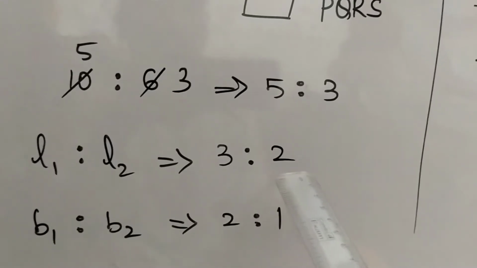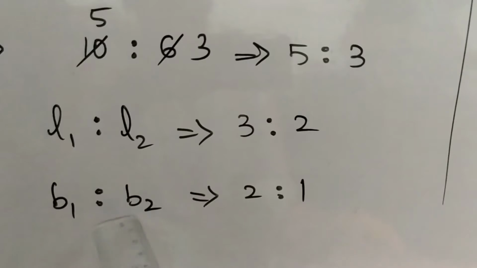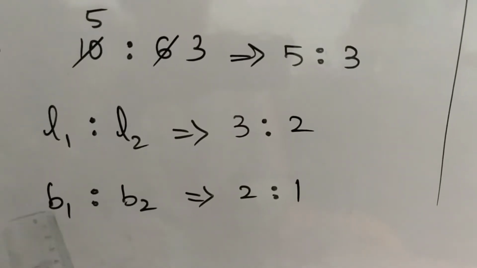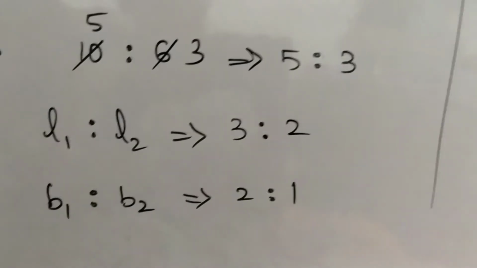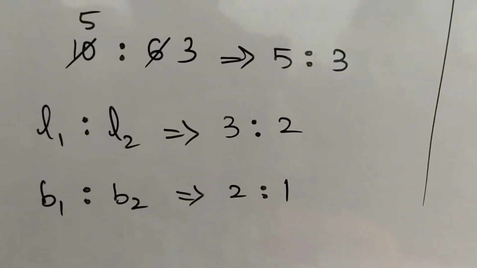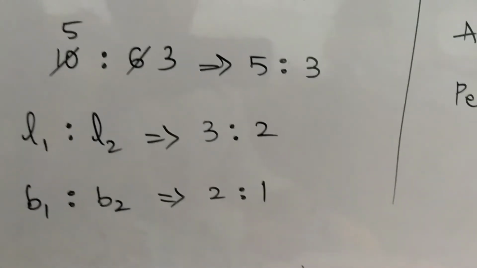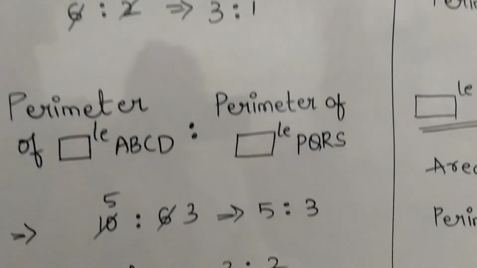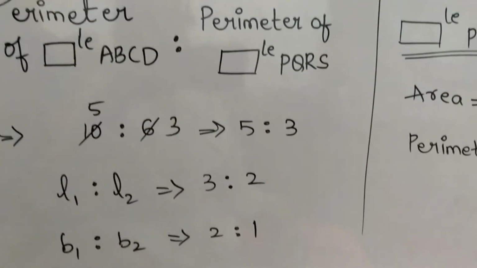Next we have to compare the breadth also, students. So let us consider the breadth. B1 is to B2. This B1 is of rectangle ABCD and B2 is of rectangle PQRS. So it is 2 is to 1. Like this we have to compare the area, perimeter, length and breadth of the rectangles.